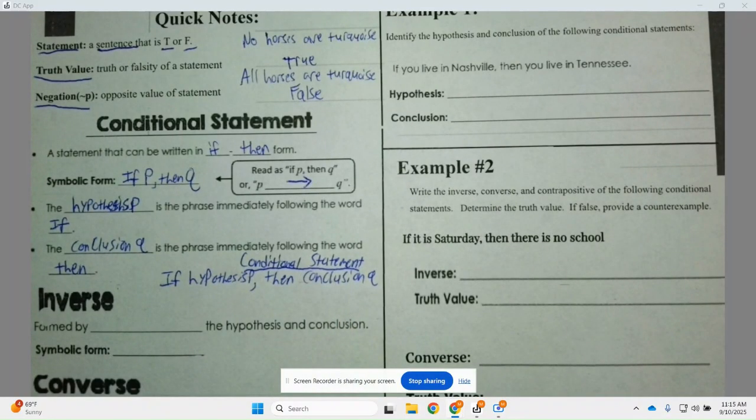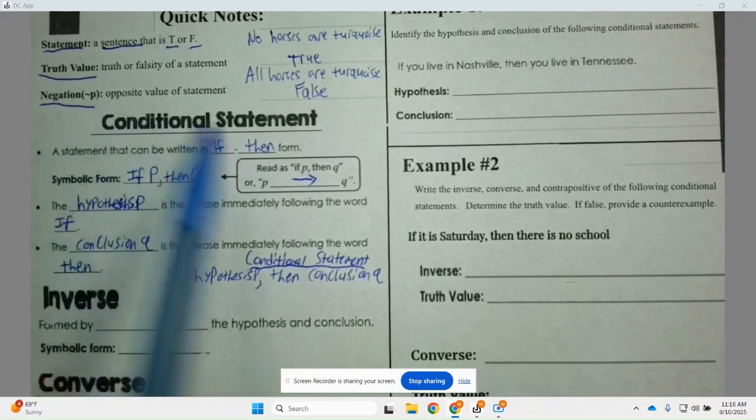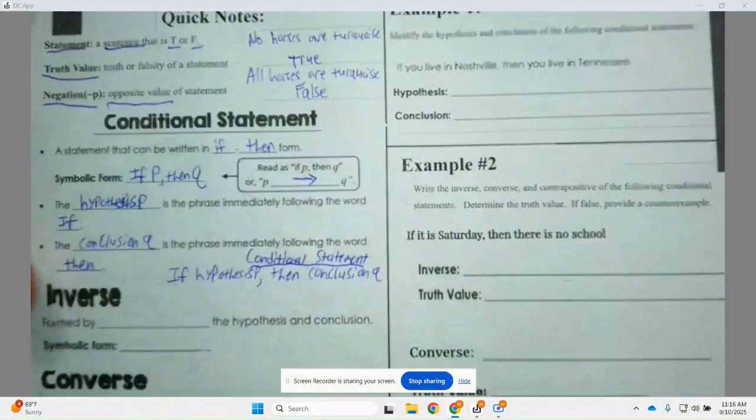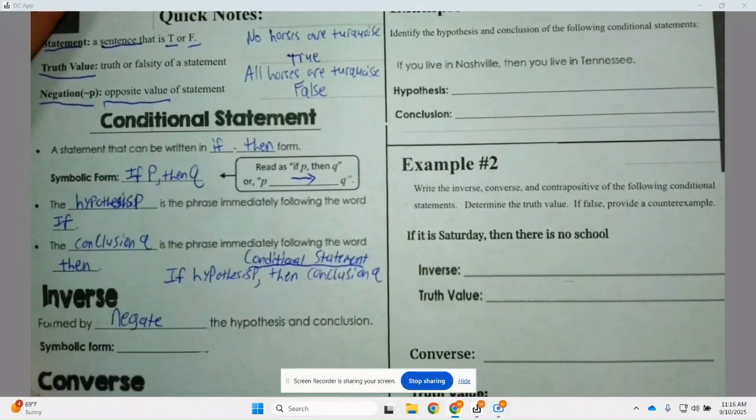Now, what might the value of this sort of thing be? Well, let's try to mess around with the order a little bit to see if we can notice anything valuable here. The first bit is the inverse. When we think the word inverse or inverted, we think backwards, the opposite of something happening. And the word for opposite in our language today is negation. It's the opposite value. So we're going to negate the hypothesis and the conclusion.